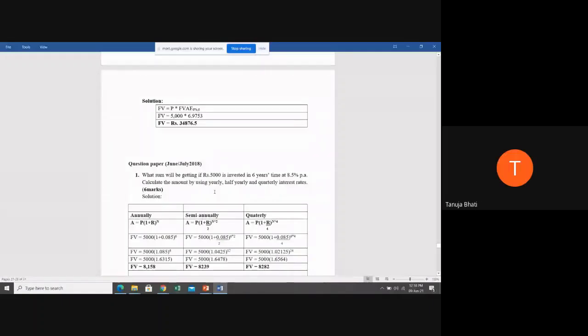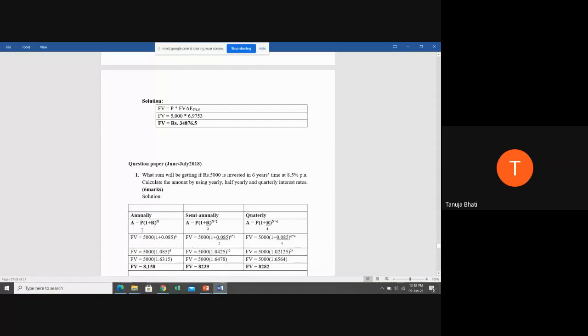Okay. So let us solve it first annually, then semi-annually and then quarterly. Now, A is equal to P into (1 plus R) raised to N. This formula you know is for compound interest, which applies the same way to calculate the future value. Now the A you can denote as future value.